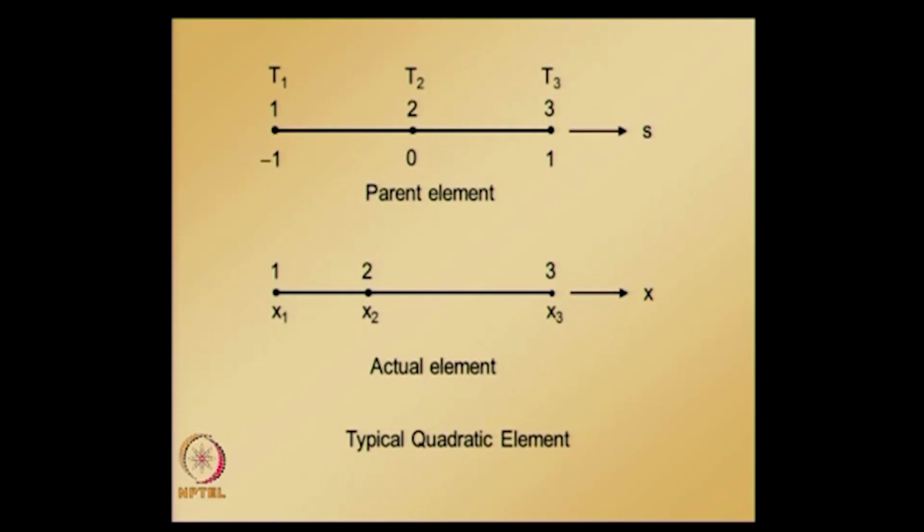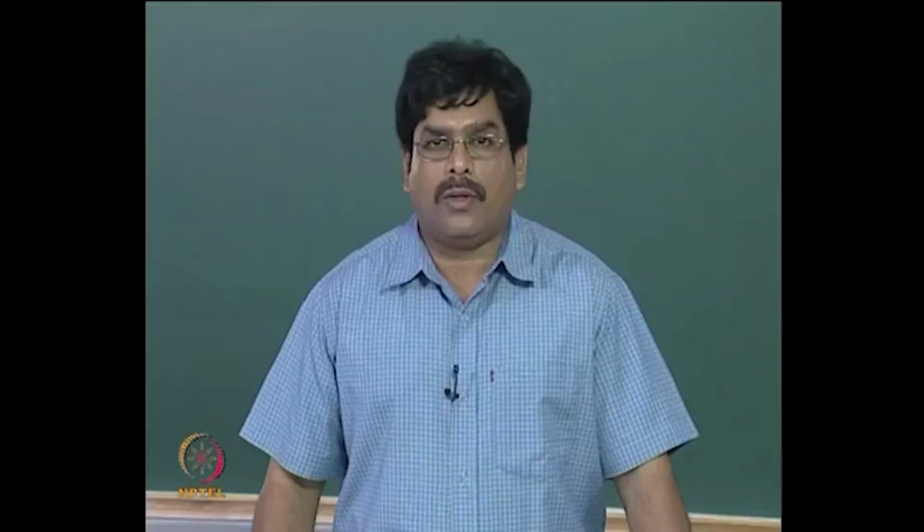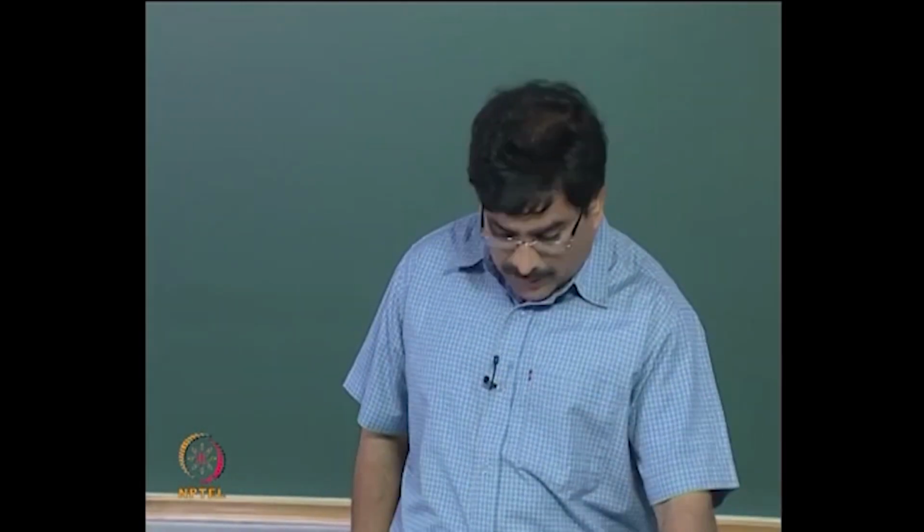For mapping to be valid, or for Jacobian to remain positive everywhere over the entire element, that is s going from minus 1 to 1, the location of node 2 should satisfy the condition that we derived in the last class, that it should not be closer than L over 4, where L is the total length of the element, to either node 1 or node 3.